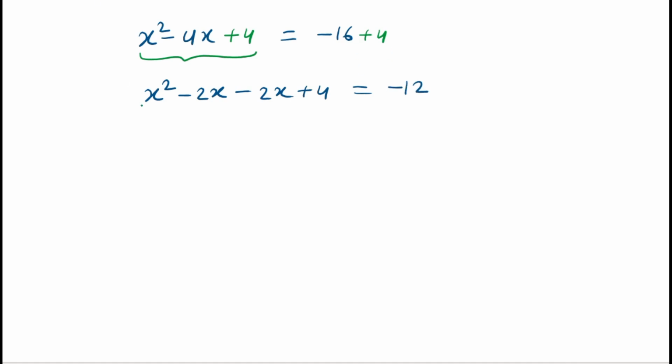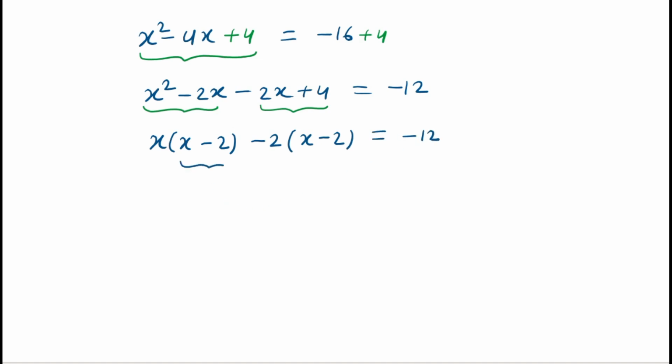Taking the first two terms and then the last two terms: from the first two terms we take common x, giving x times (x minus 2). From the last two terms we take common minus 2, giving minus 2 times (x minus 2), and this equals minus 12.